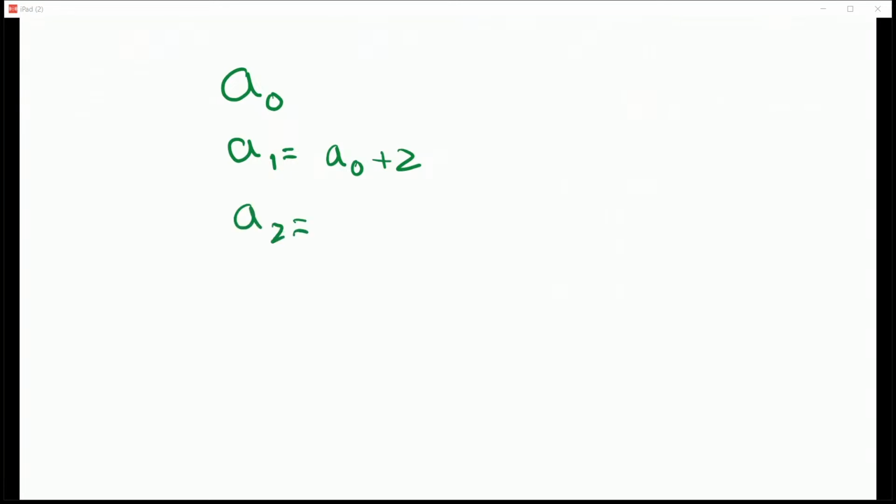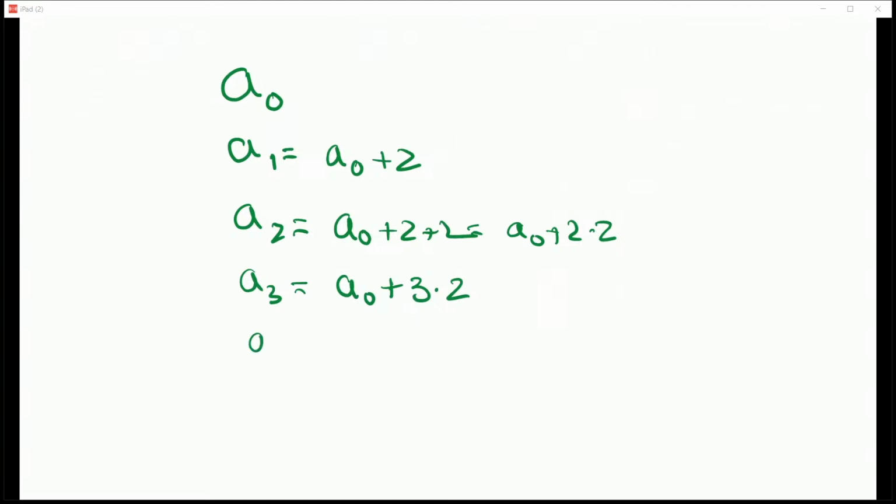So then a sub 2 is a sub 0 plus 2 times 2. A sub 3 is a sub 0 plus 3 times 2. A sub 4, you see the pattern now, I'm sure. And so a sub 49 is a sub 0 plus 49 times 2. So you're just adding 2 each time.